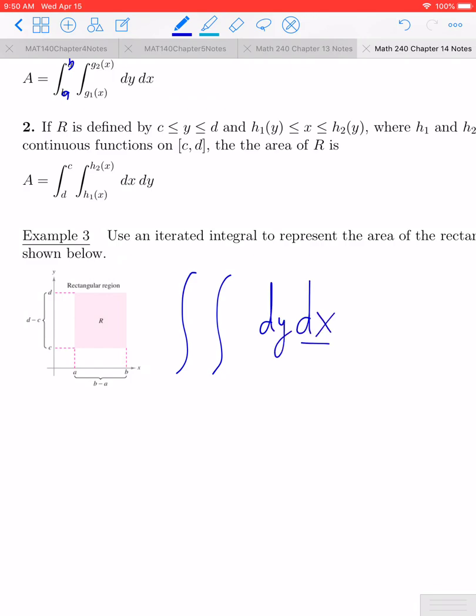My outermost bounds are going to be in terms of the x variable, and we know x is bounded from x equals a to x equals b. If I look at the y heights, this function will go from a height of y equals c to y equals d. So it should look like this. It's the iterated integral from a to b, from c to d of dy dx.